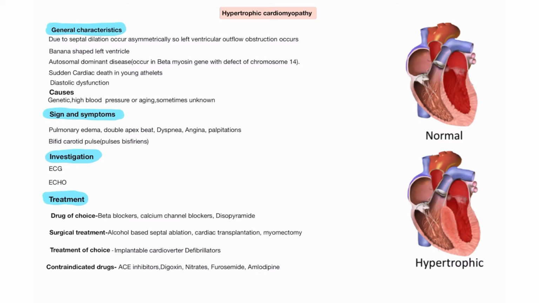Here the septal growth occurs asymmetrically, not symmetrically. So left ventricle outflow obstruction occurs due to the septal growth. So this is hypertrophic cardiomyopathy.